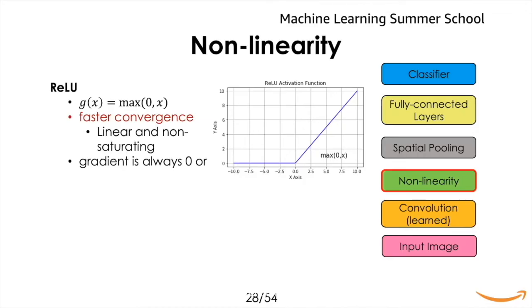But again, you can see that this also saturates in the negative region. So there are a few improvements that have been introduced over this, like parametric ReLU and leaky ReLU, which give it a small slope in the negative axis as well. If you go to any package which implements CNNs, you can find a number of non-linearities other than these as well, and you can look at them and decide this is the best one for your network.